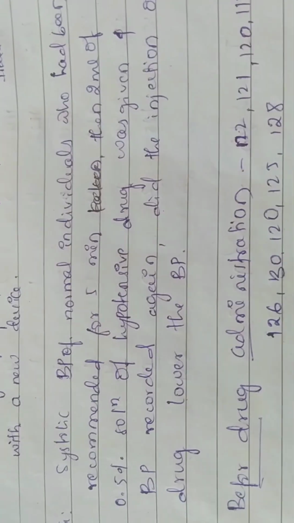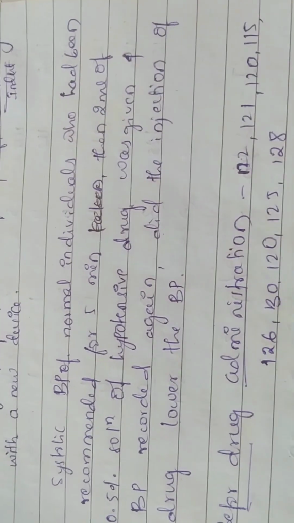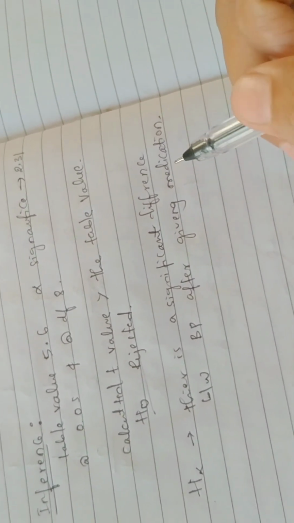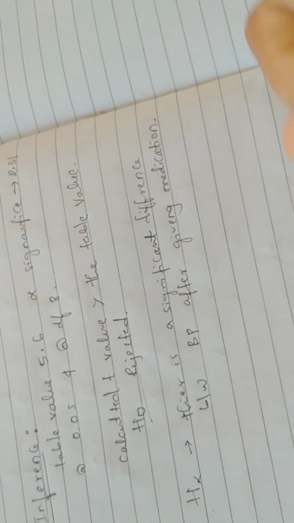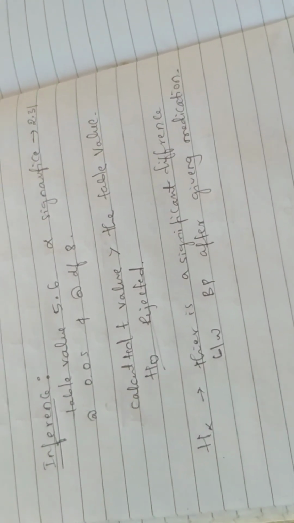We need to know what they have asked in the question. They have asked whether this injection will lower the BP. Yes, it has lowered the BP. Hence our H naught is rejected and the alternative hypothesis is accepted. So there is a significant difference in the BP, which has decreased after giving the hypotensive medication. Thank you.